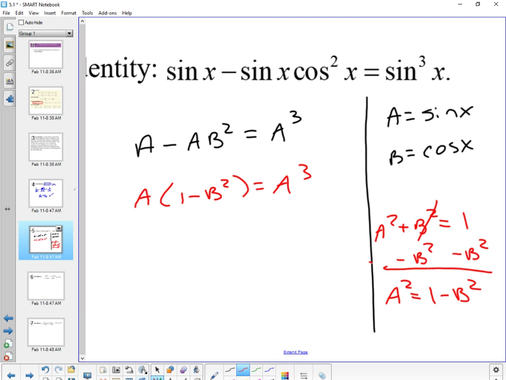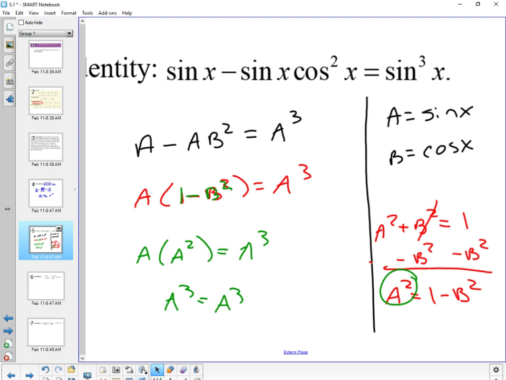So I'm going to trade this 1 minus B squared for its equivalent, A squared. Now I have A times A squared, which is A to the third. And look at that, I just proved it again.